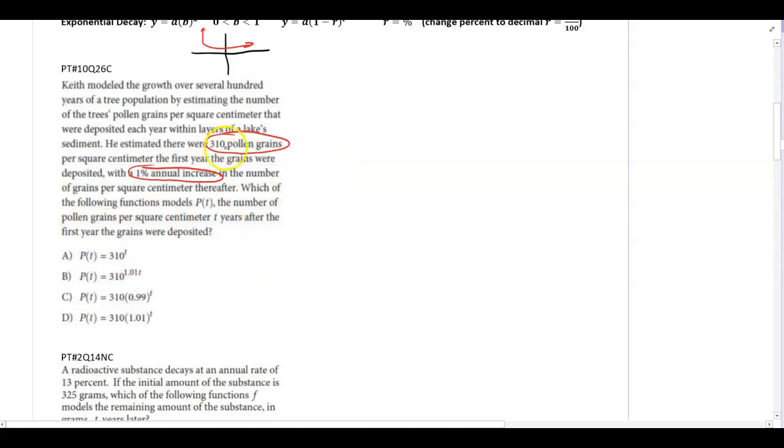Well, here's the thing. What was your initial amount? Your initial amount, a, was 310. Since it's increasing 1%, you know you're going to do 1 plus the rate, which is 1 plus 0.01. When you add these together, you get 1.01.